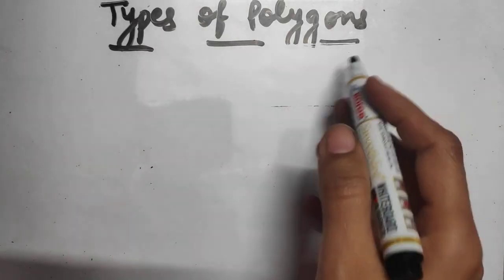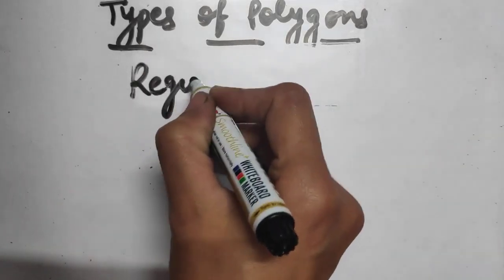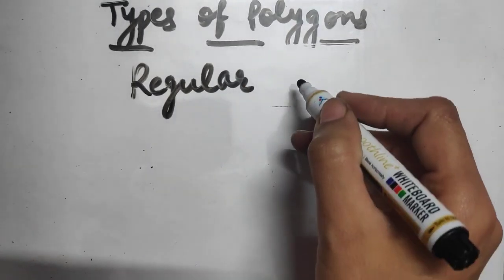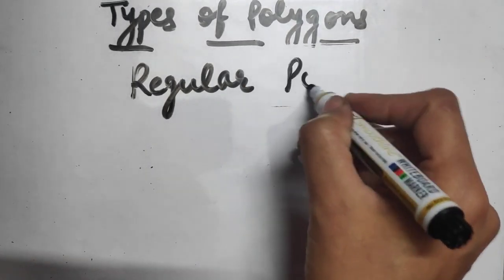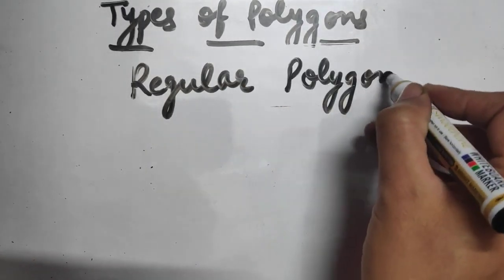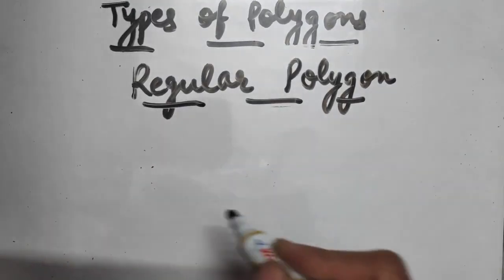Further, in these types of polygons, we need to study about regular and irregular polygons. Let us talk about first regular polygon. So what is a regular polygon?